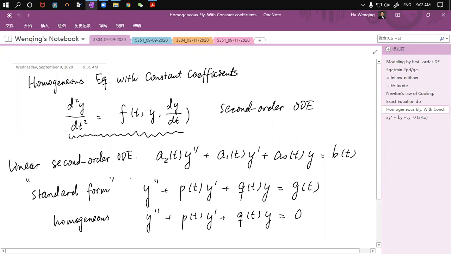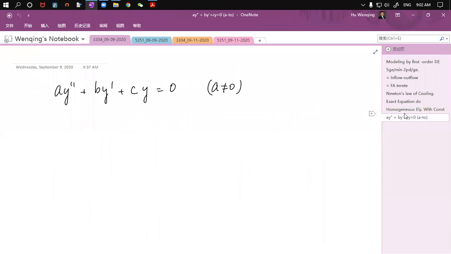Once you have that kind of equation, you make the equation homogeneous by setting the right-hand side to 0. In particular, we've been talking about a linear second-order homogeneous equation with constant coefficients. Constant coefficient means that the coefficients A, B, C are constants, and homogeneous means that your right-hand side is 0.